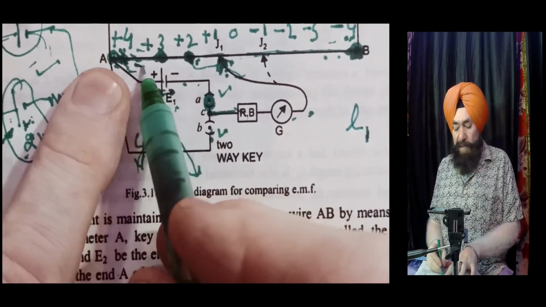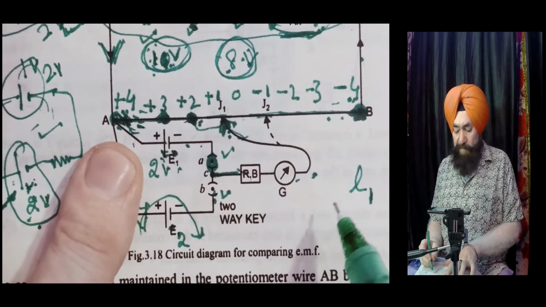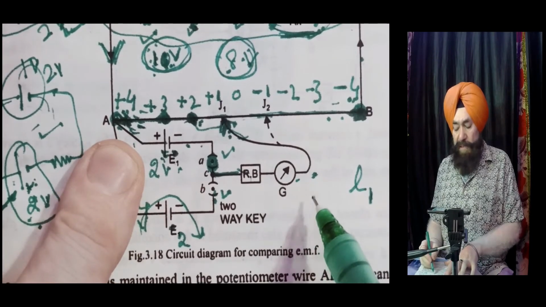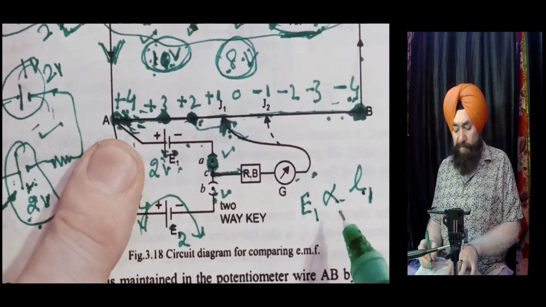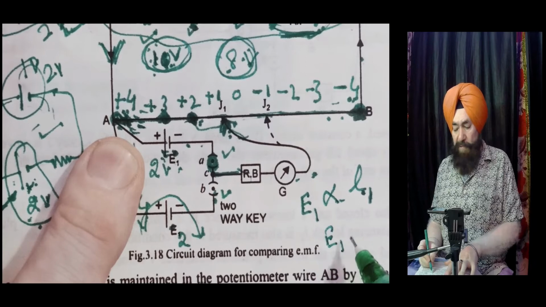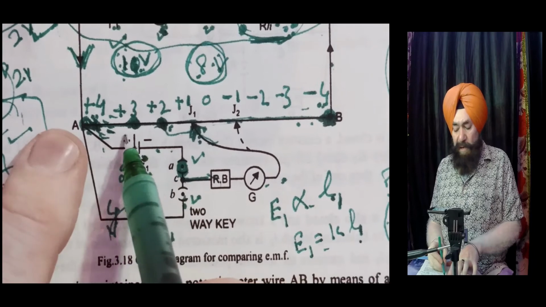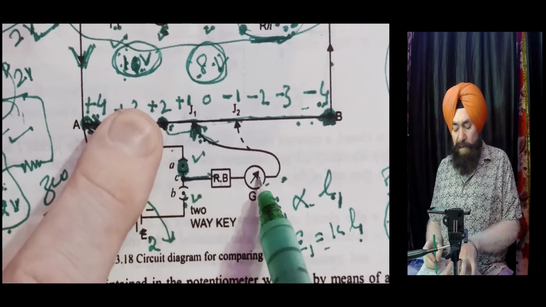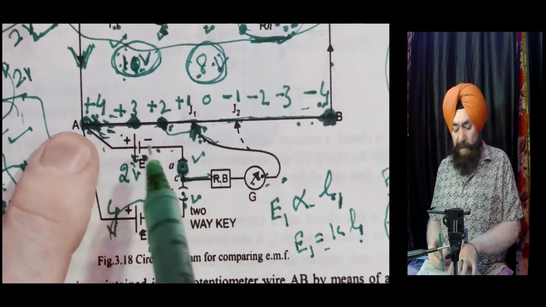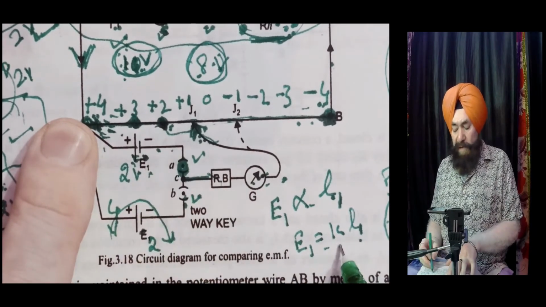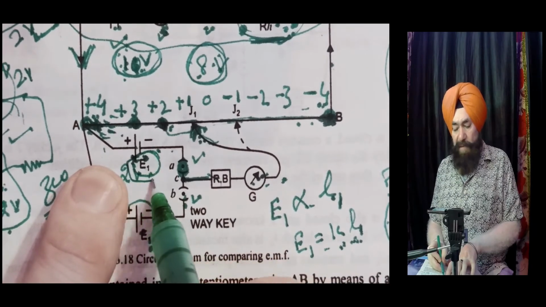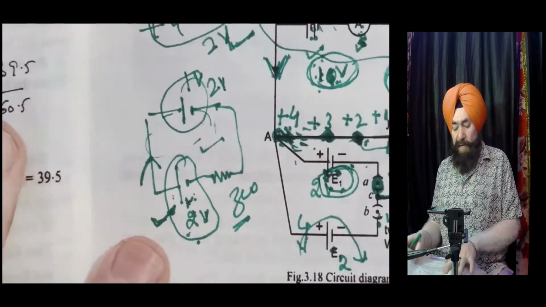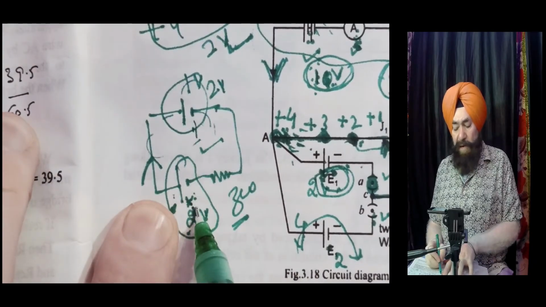Then the principle of the potentiometer: the voltage is directly proportional to the length, or you can say E1 equals KL1. It means when we touch the jockey here and the galvanometer shows 0 deflection, then this voltage will be KL1, and KL1 will be equal to this EMF, like I am giving here as the example.